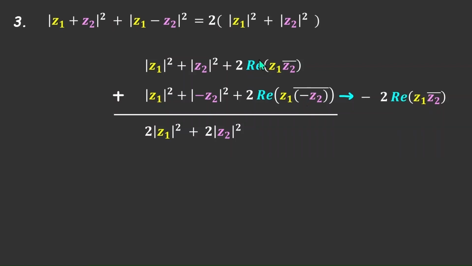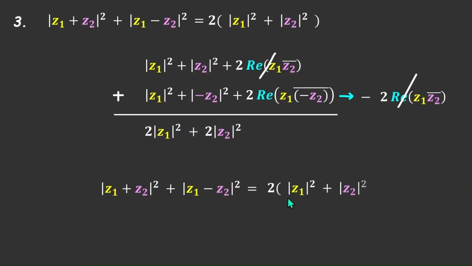So when we add this up, this just cancels out to give us 0. And so the addition of this expansion is nothing but 2 times mod of z1 square plus 2 times mod of z2 square, and if we take 2 common, we get 2 into mod of z1 square plus mod of z2 whole square. And this is exactly what we had to prove. And this is hence proved.